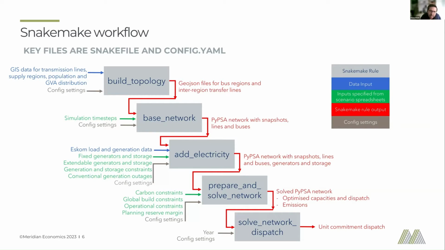So you take the capacities that you've optimized, you now fix those capacities, and you can either do a mixed integer, so it's sort of a full unit commitment dispatch.